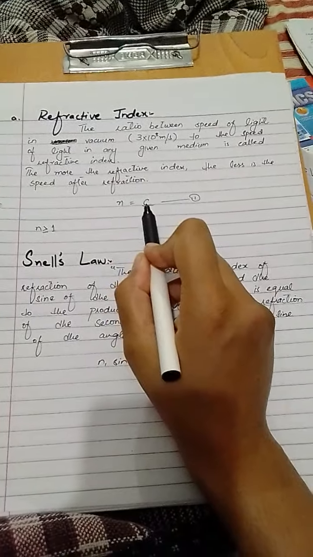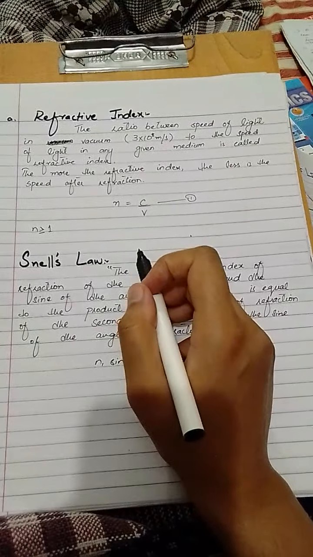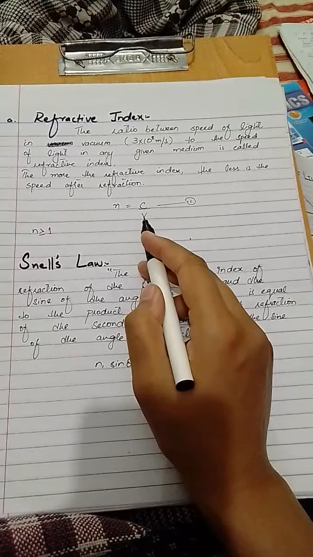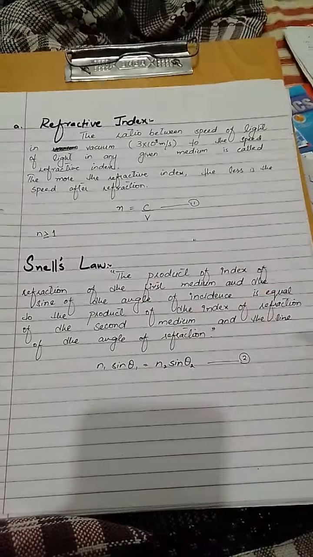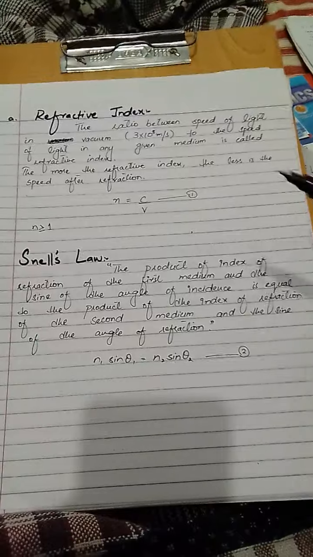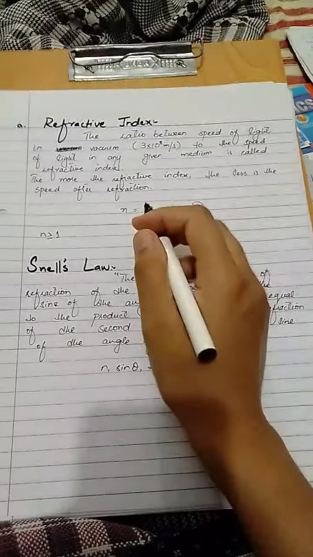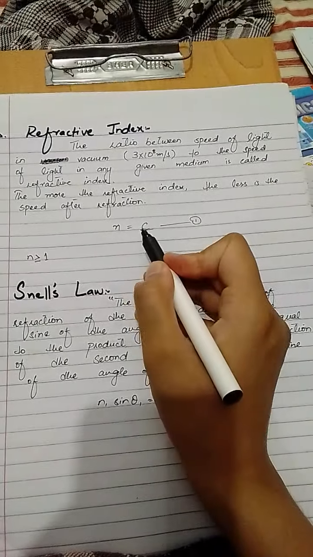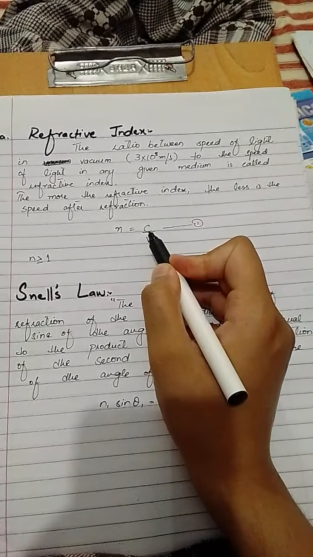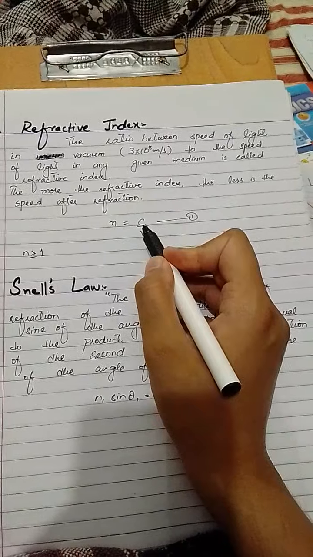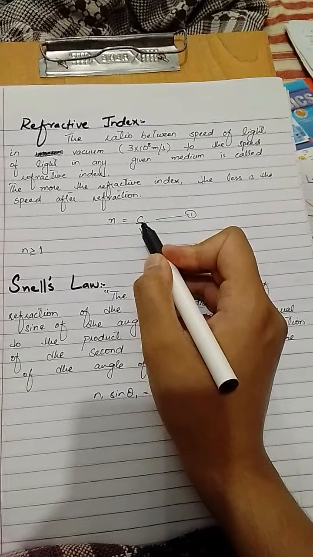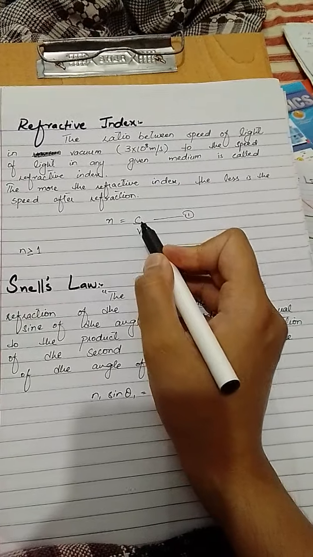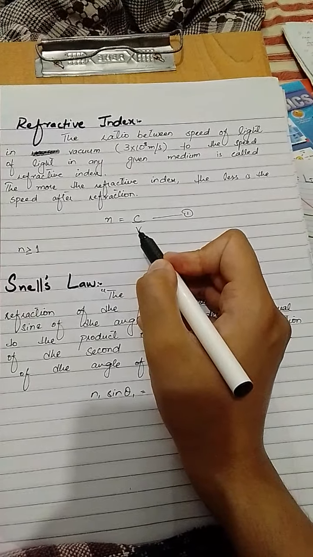C is the speed of light in vacuum, which is equal to 3 into 10 raised to the power 8, divided by the velocity of light in any medium that we want to calculate refractive index for. Okay, so you already know that speed of light is the highest in vacuum. So if the speed of light is highest in vacuum, then what would this V be?